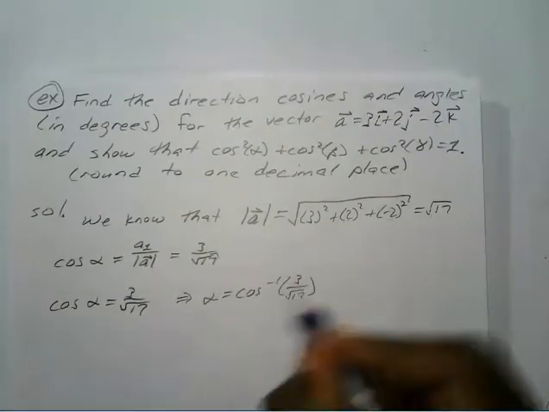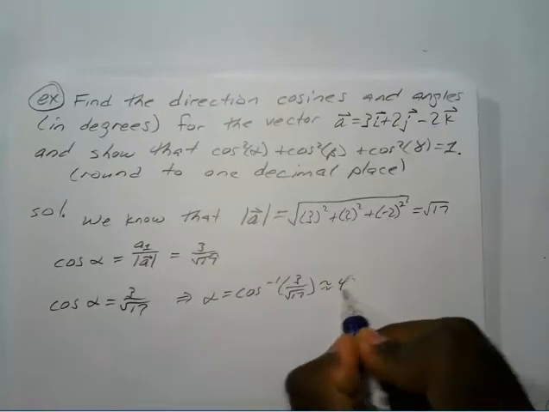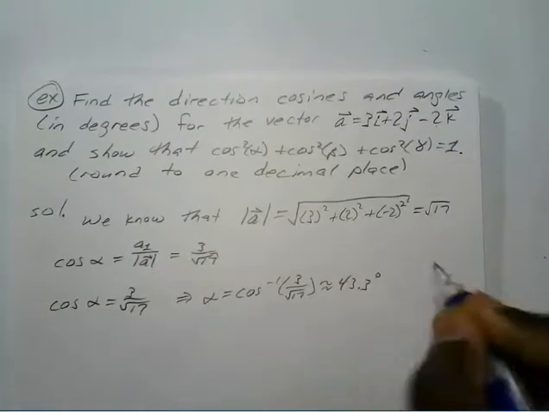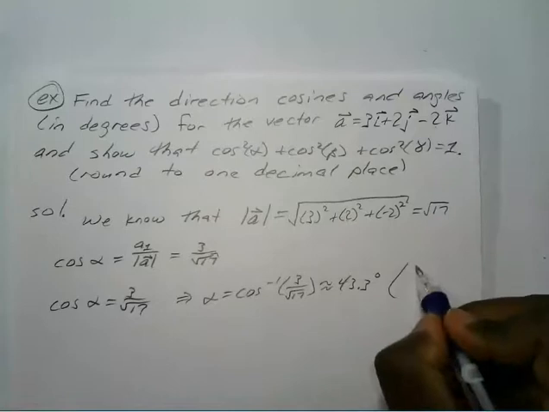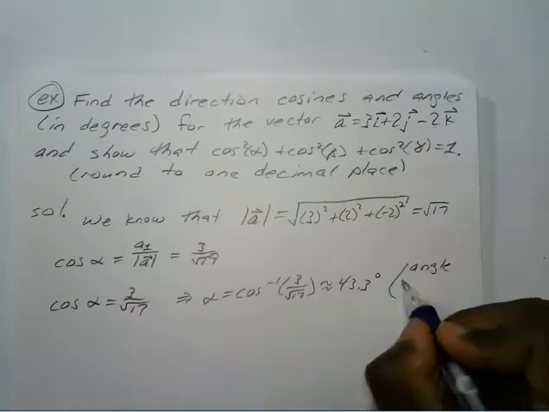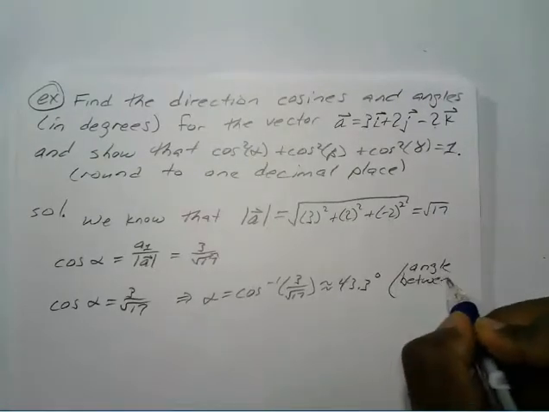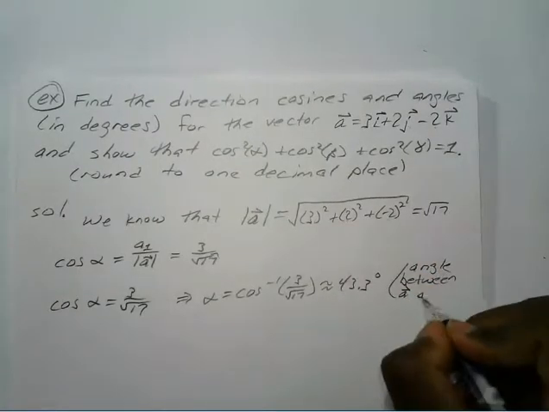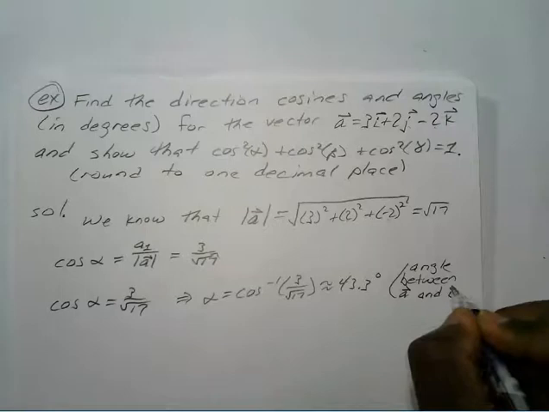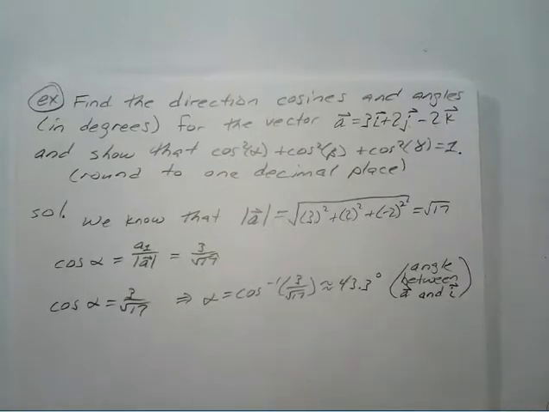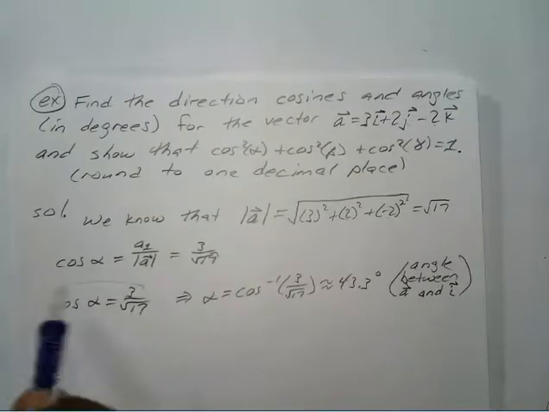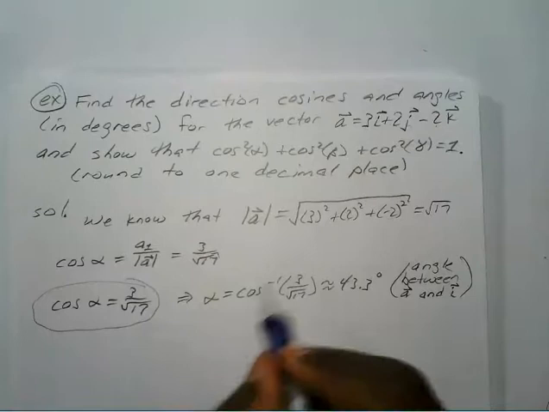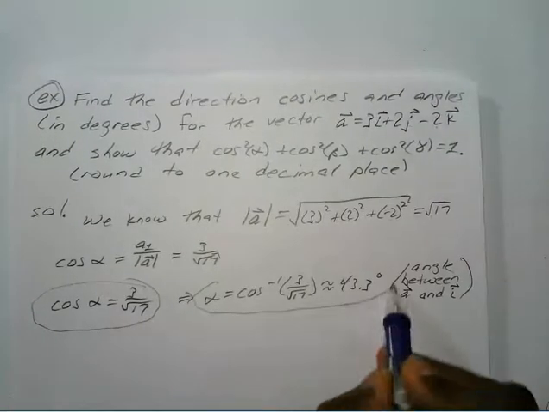So if you plug that into your calculator, you will get 43.3 degrees, which of course is the angle between the A vector that they gave us and our I unit vector. Okay, so we have our directional cosine and our angle.